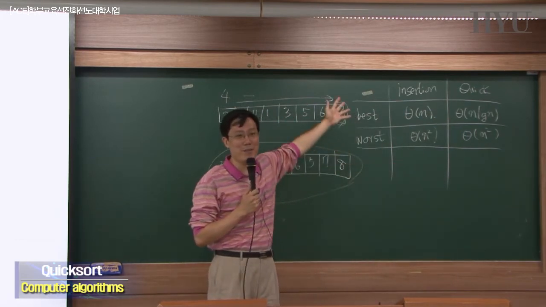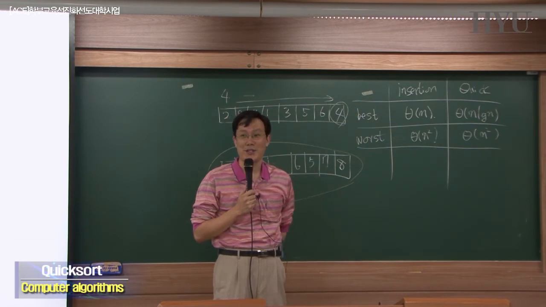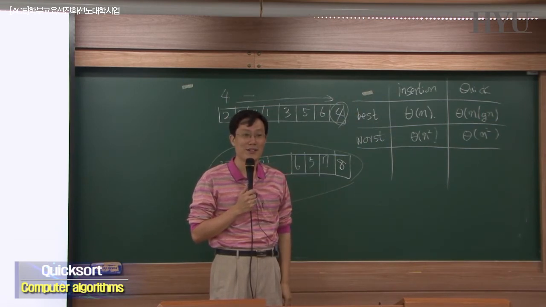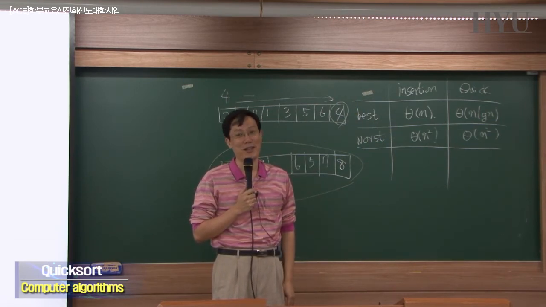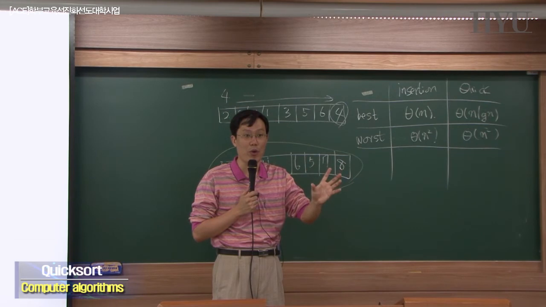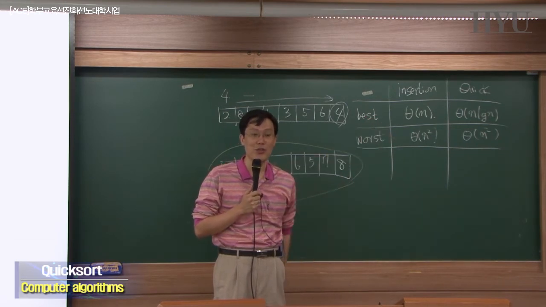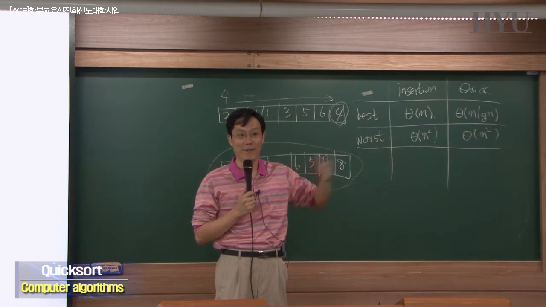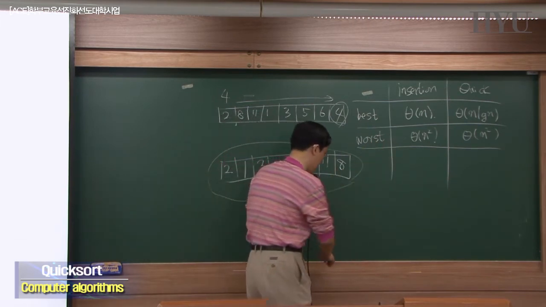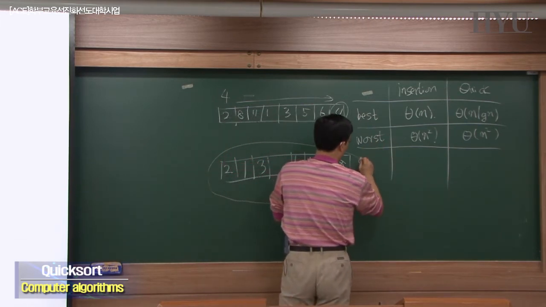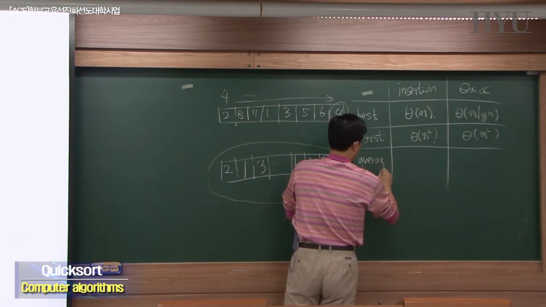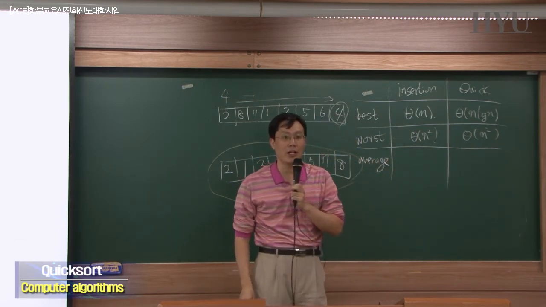Well, now let's compare these two sorting algorithms. Which is better? Insertion sort is better in the best case, but insertion sort is rarely used except when the input size is very small. In most cases, quicksort is used. Why? The secret is average case running time.